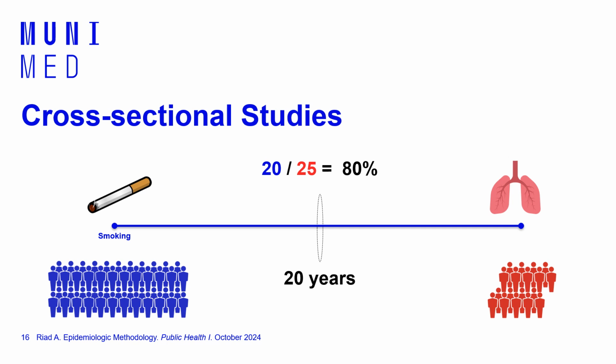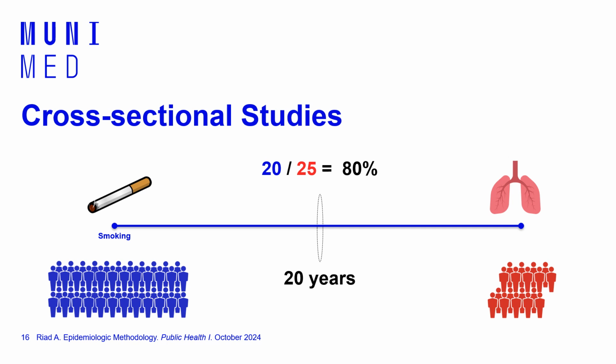This is usually 20 years, and not all smokers, of course, will turn into lung cancer patients, maybe only a few of them. But let's say that you did a cross-sectional survey among people who are smoking and people who are not smoking. So this is just a random survey, and you found out that out of the 25 lung cancer patients in your study, there were 20 smokers. So in this case, this is 80%, and this is a huge number, of course.